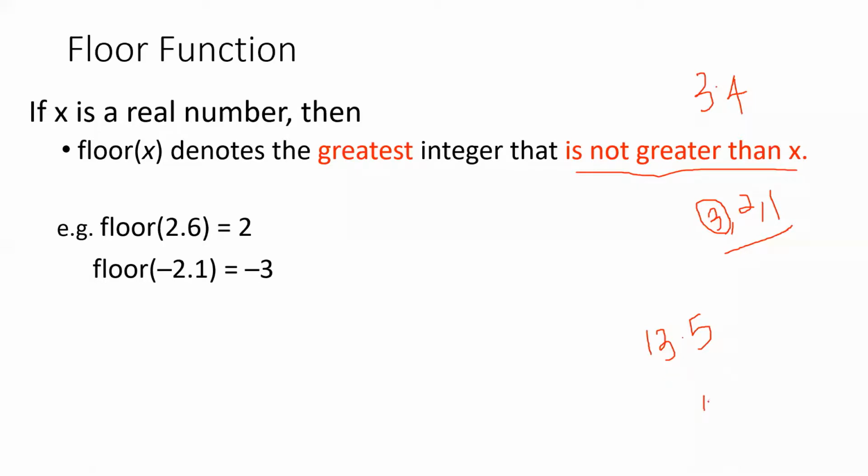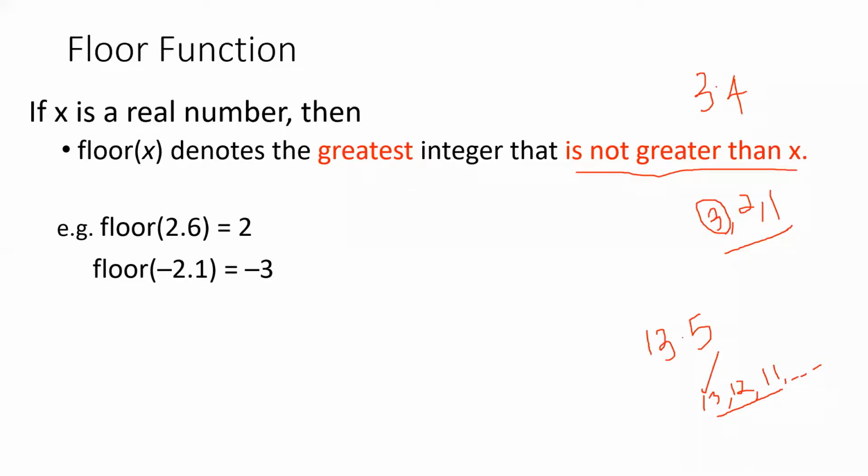So you'll be writing 13, 12, 11, 10 like that, right? 13 is not greater than 13.5. 12 is not greater than 13.5. Now find the greatest among these. The greatest among 13, 12 and 11 will be 13.